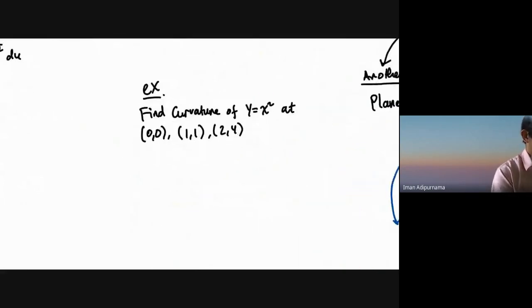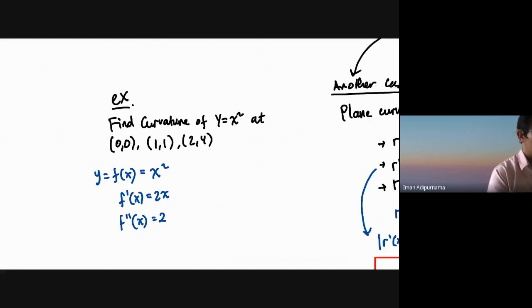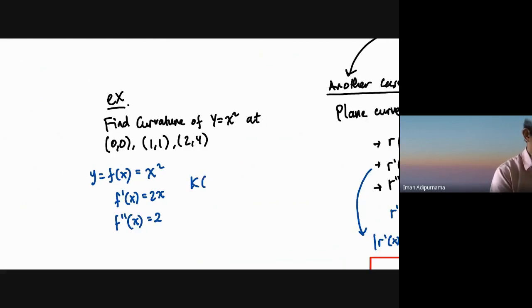First, we have the relation here, y is x squared, so we can find the first derivative and second derivative, and then just use the curvature formula. So the second derivative is 2.